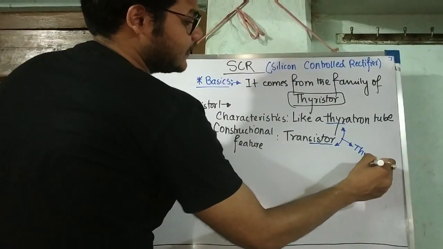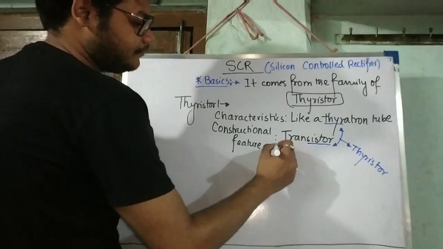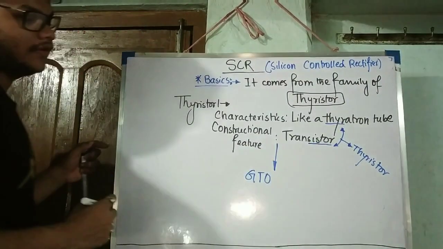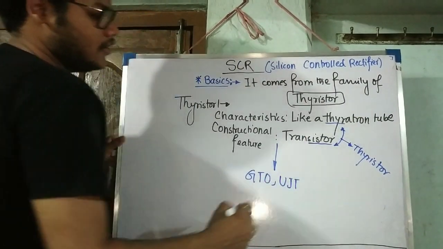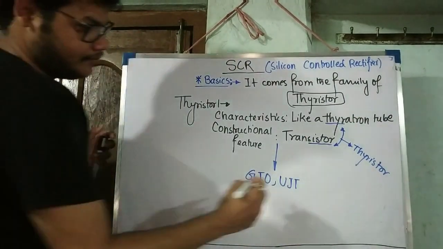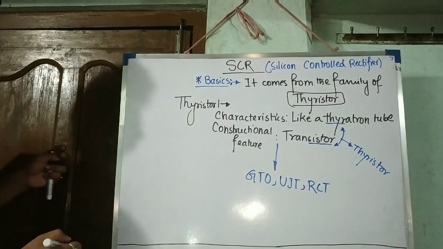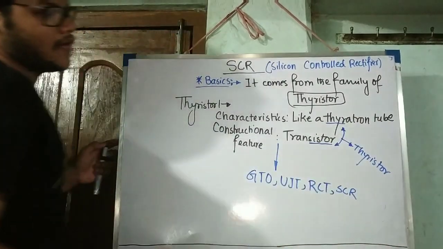So what are the switches that come under the thyristor family? They are GTO, gate turn off thyristor, UJT, unijunction transistor, RCT, reverse conducting thyristor, then your SCR.